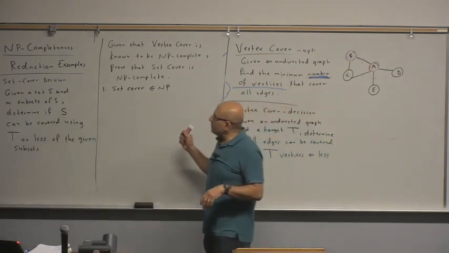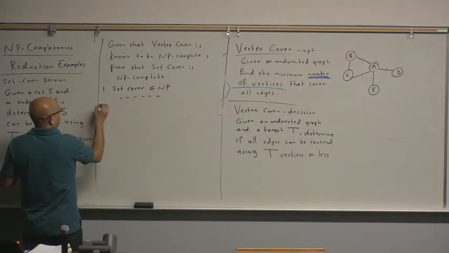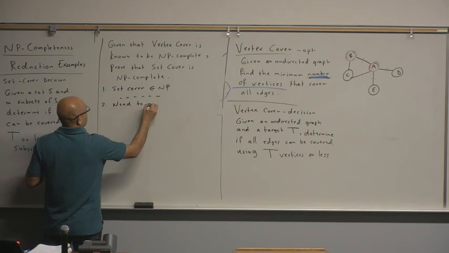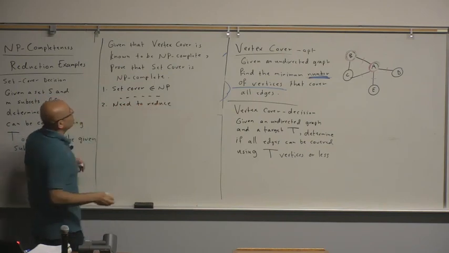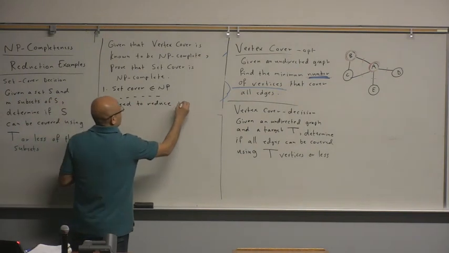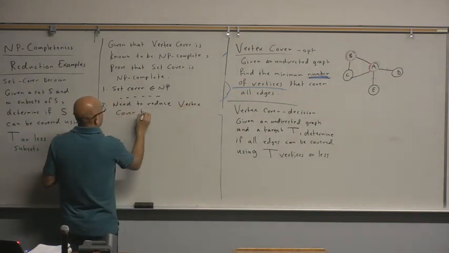So verifiability is usually very easy. Now the tricky part. You just write down what we have just said. Now we need a reduction. Do we need to reduce set cover to vertex cover, or vertex cover to set cover? Yeah, vertex cover to set cover.